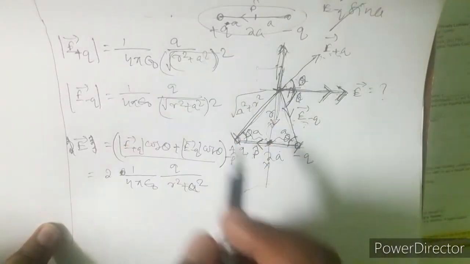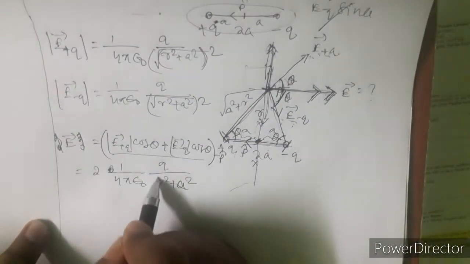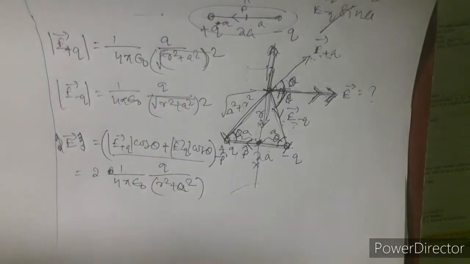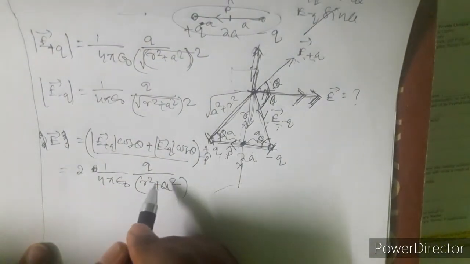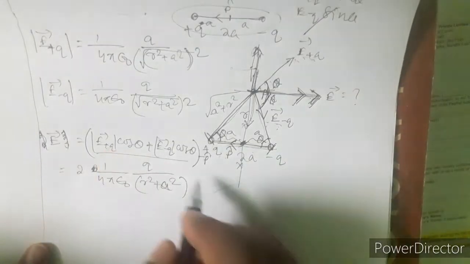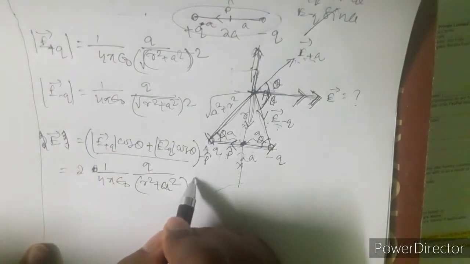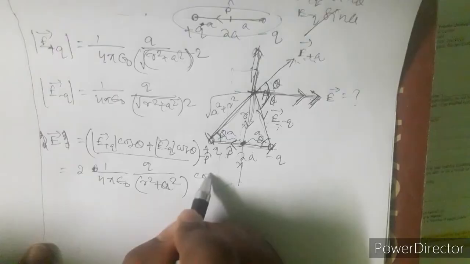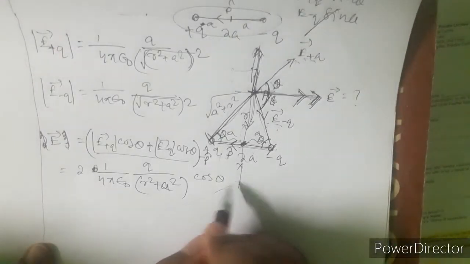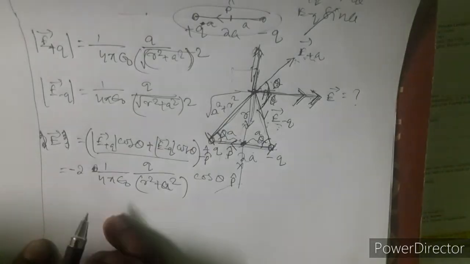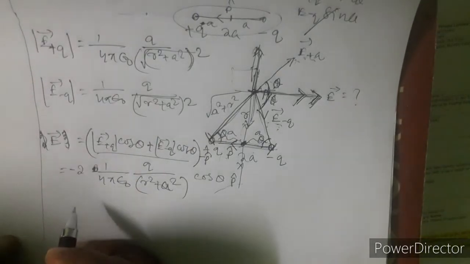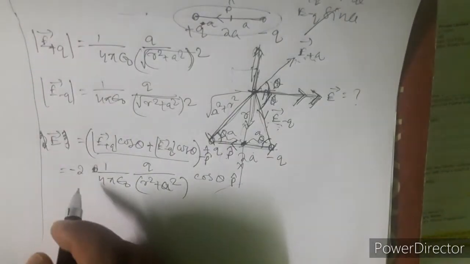Root over whole square means the root will be removed, so this is r square plus a square. Right, now cos theta is common, so 2 times this into cos theta, and minus is there, minus p cap. Okay, I have taken the minus and written it on the left side.